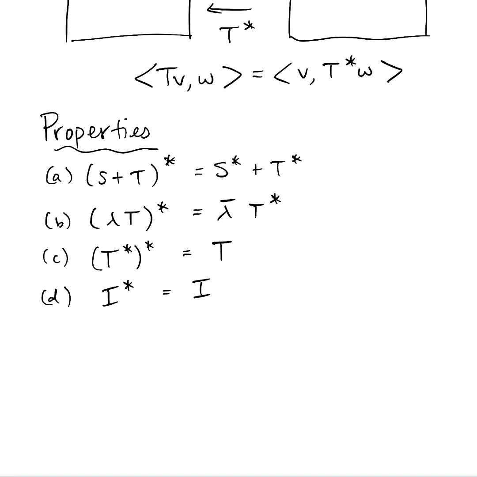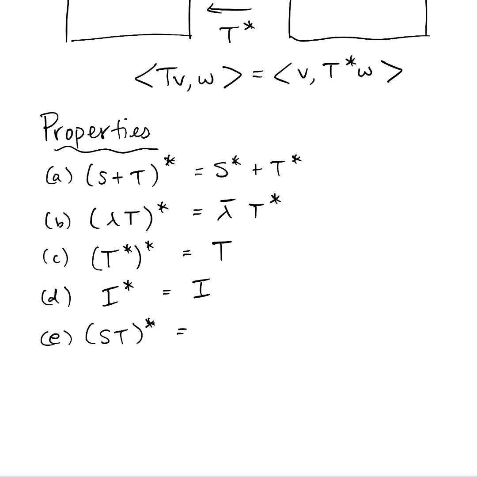Unsurprising. And finally, another way that we sometimes combine operators or mappings is we compose them. If you were interested in the adjoint of the mapping ST, oh, it's so tempting, but it's not quite right. Think about this for a sec.